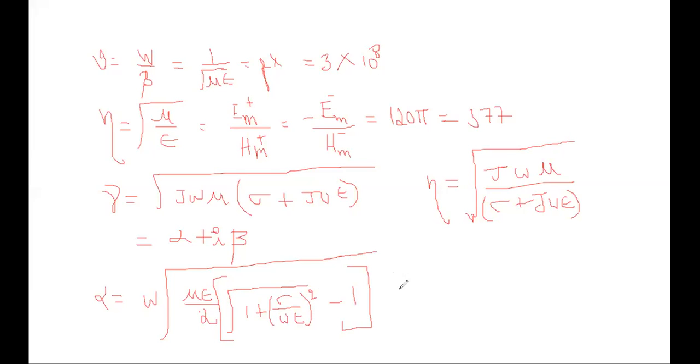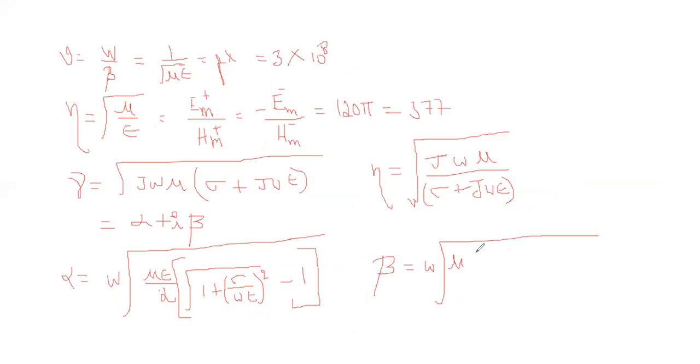The same thing we get for beta. The beta is equal to omega under root of mu epsilon by 2 and whole multiplied with under root of 1 plus sigma by omega epsilon whole square, plus 1. It's a plus symbol here.